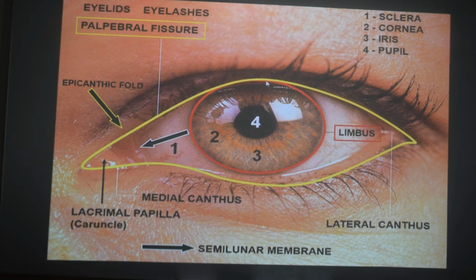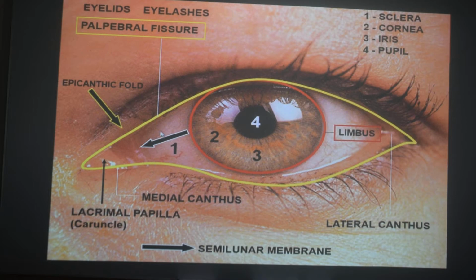And the lids are usually referred as palpebral. So when you hear the term palpebral, it means the lid. So the fissure between the two lids, the space between the two lids, is the palpebral fissure. So this is a lid, this is the upper lid, this is the lower lid. Between them, the fissure is called the palpebral fissure.